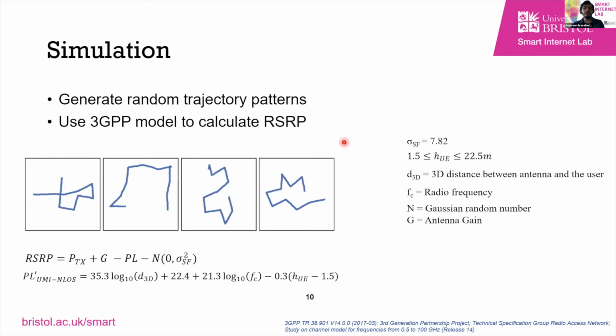So we have implemented these mathematical models in a simulation, and we have fed these models with the same overall parameters that we have in our testbed, so the position of the antennas, the launching power, etc. And we created a series of random trajectories. Using this simulation, we were able to obtain lots of data in a much faster way. So in minutes, you can obtain hundreds of traces for the RSRP value.